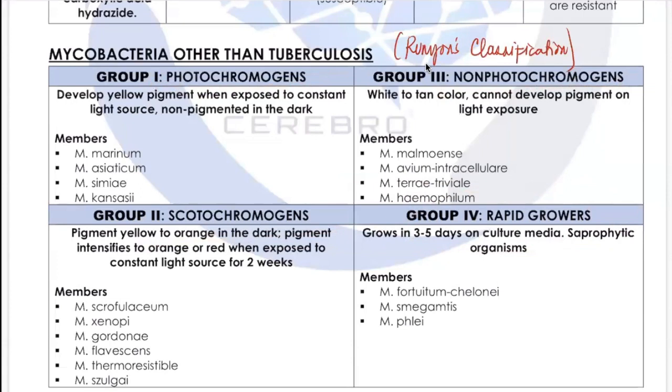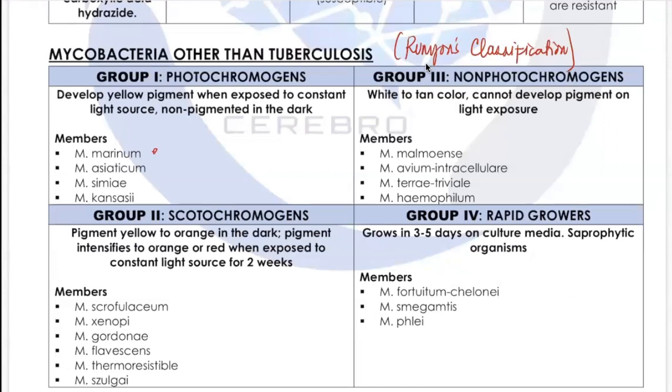So for the group 1, we have the photochromogens. So yung mga photochromogen, they develop yellow pigment when exposed to constant light source, pero non-pigmented sila in the dark. Okay? So sino yung mga members dito? We have Mycobacterium marinum, Mycobacterium asiaticum, simiae, and kansasii. Guys, take note, Mycobacterium marinum is usually associated with wound infection exposed sa mga fish tanks, mga ganon.